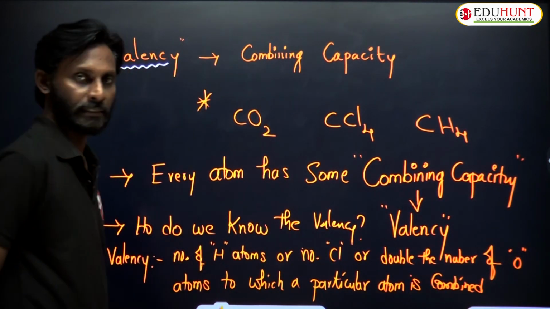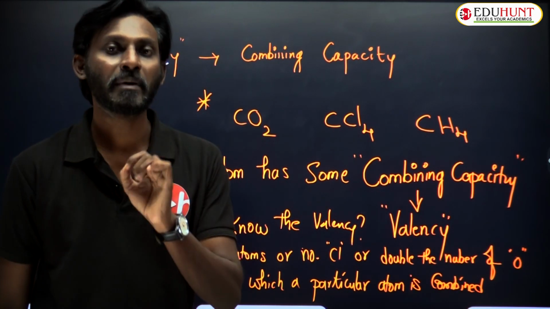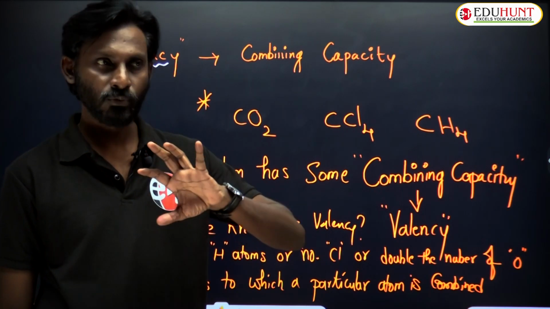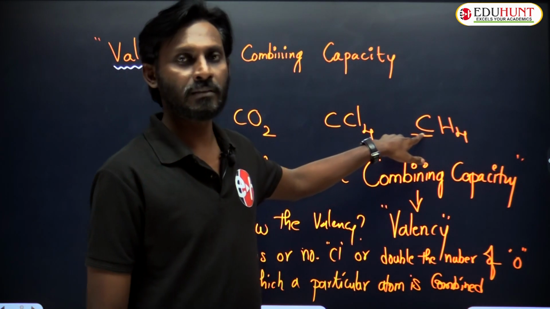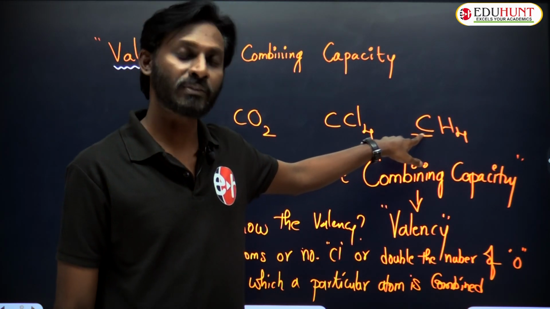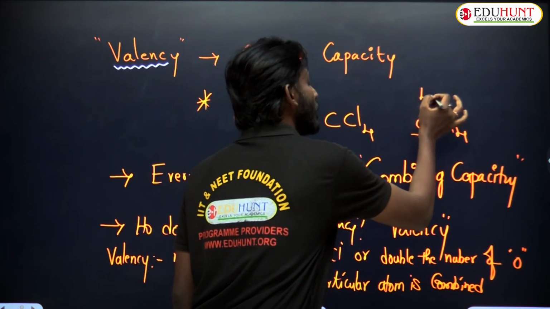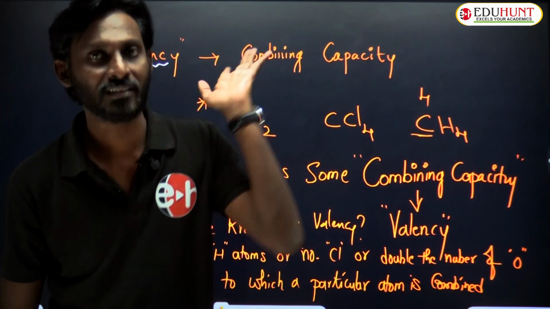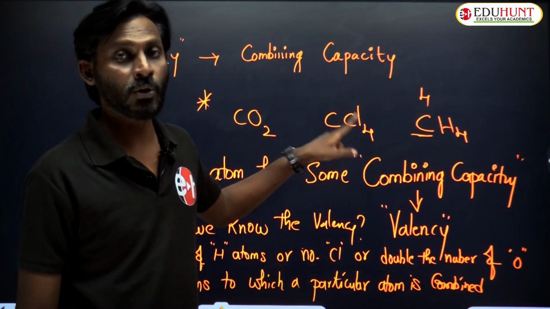Simply, how can we understand the combining capacity of an atom? See, this is a carbon. How many hydrogen atoms is it combined with? 4. So the combining capacity of carbon is 4. Or carbon combined with how many chlorines?